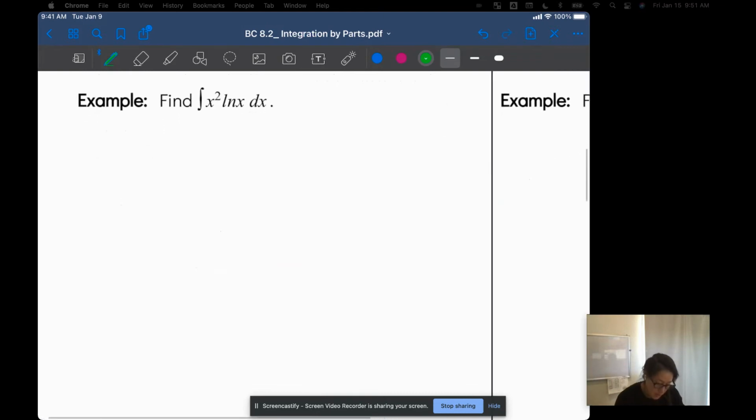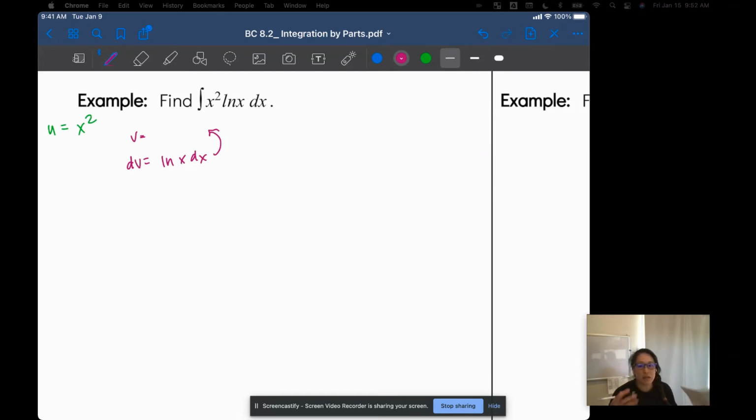So we're going to find the integral of x squared ln x dx. And what I know is that I need to assign something as u, and I need to assign something as dv. So let's make u equal to x squared, and dv equal to the ln of x dx. But when I try to take the integral, I realize I don't know an integral for the ln of x.